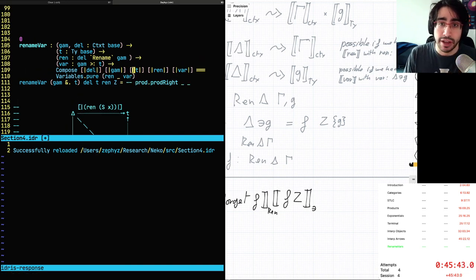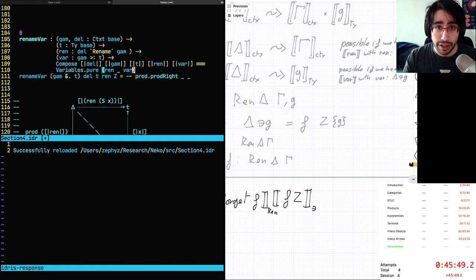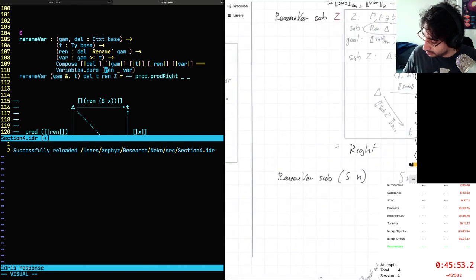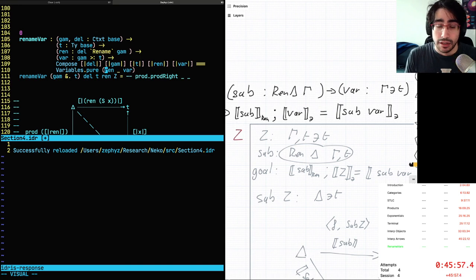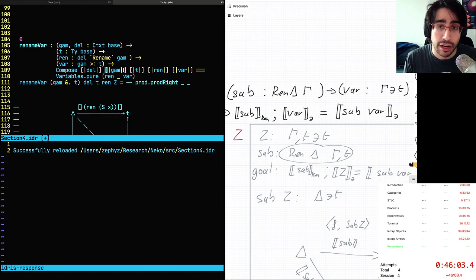One property that we want to ensure in our Simply Typed Lambda Calculus is that, if you get to the paper version here, if you apply a renaming on a variable, that should be the same thing as interpreting the renaming and then interpreting the variable.